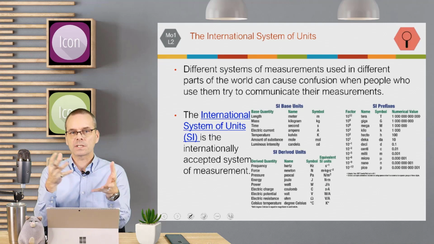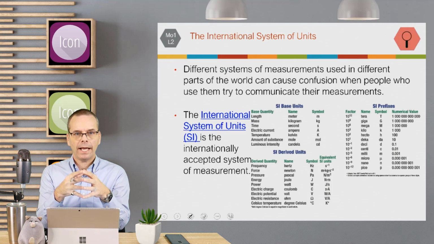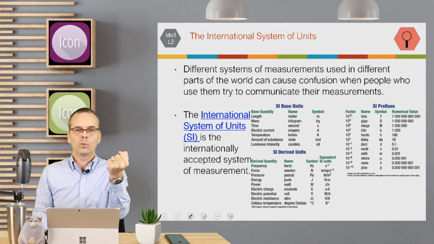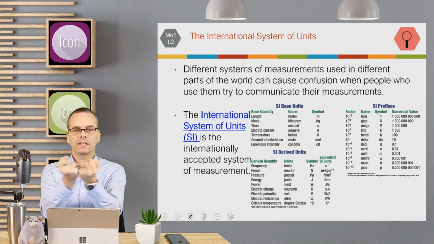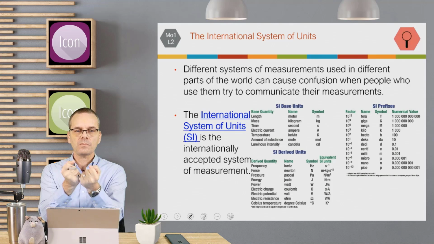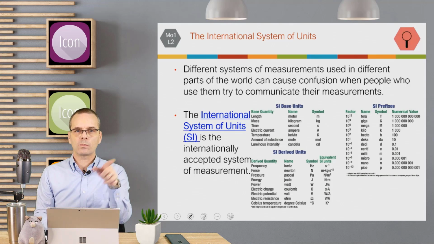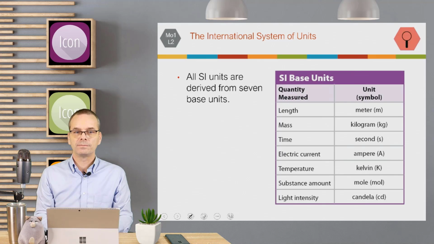How do scientists talk to each other? How do they agree what 1 rai versus 1 acre is? How are they equal? So science came up with the International System of Units, or SI, that all scientists around the world use to communicate with each other about measurement.